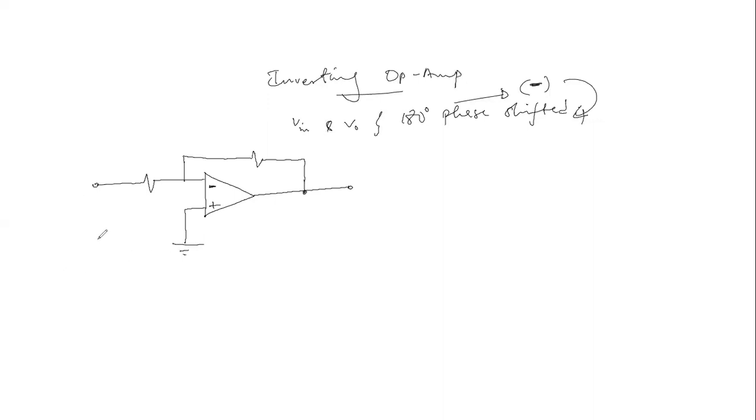The source voltage and the output voltage also have a common ground. So here we have the output voltage, here we have the source voltage, then we have R1 here, and the feedback resistance here. So there's a connection.